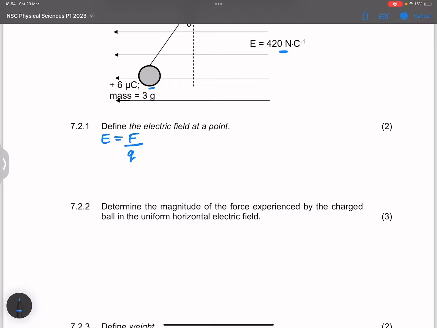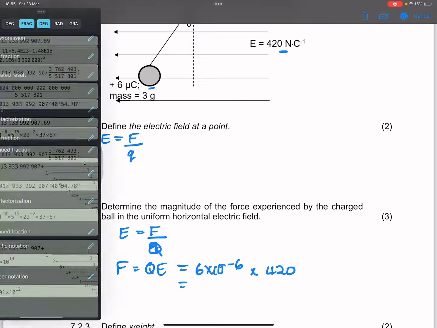So we want the force, so we know E is equal to F over Q, or you can use big Q if you want to. So we know that F is equal to Q times E. So this is going to be 6 microcoulombs, 6 times 10 to the minus 6, multiplied by the field, which is 420.